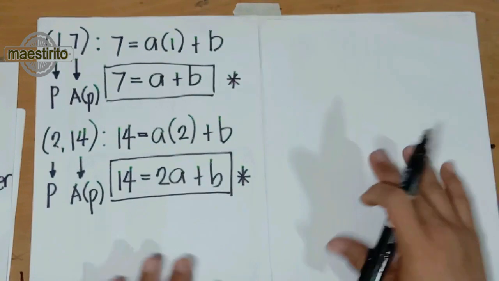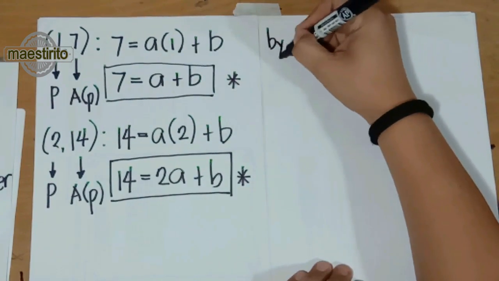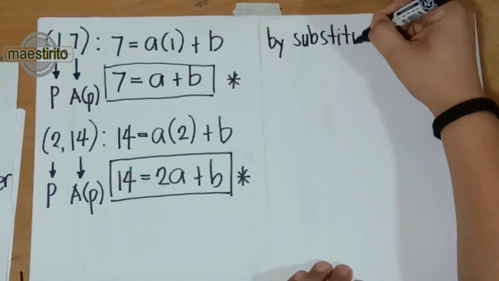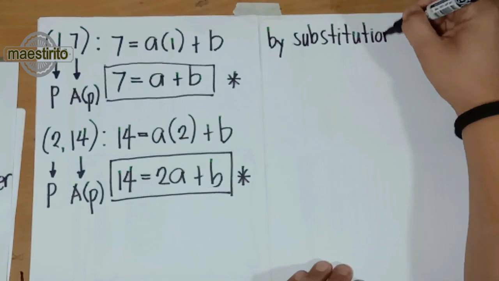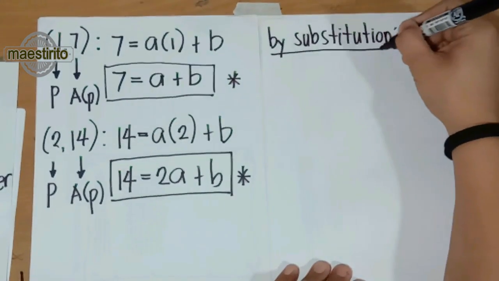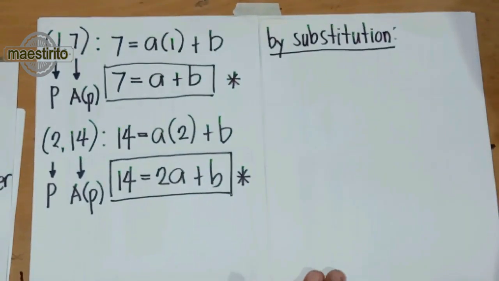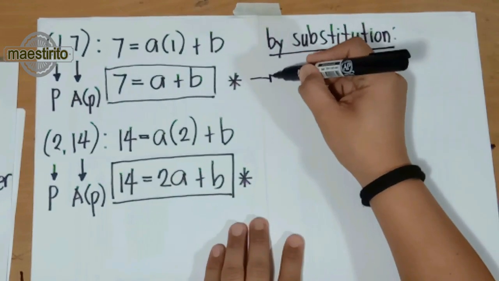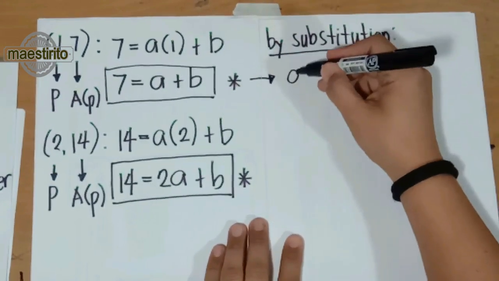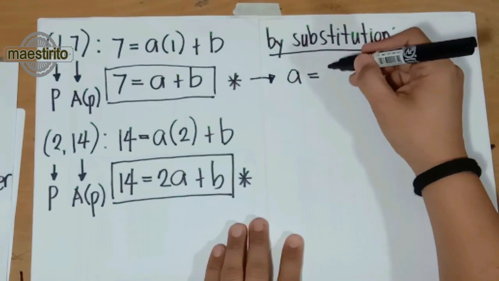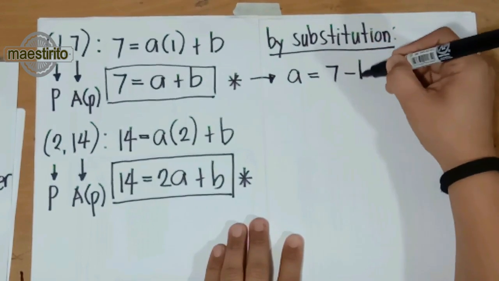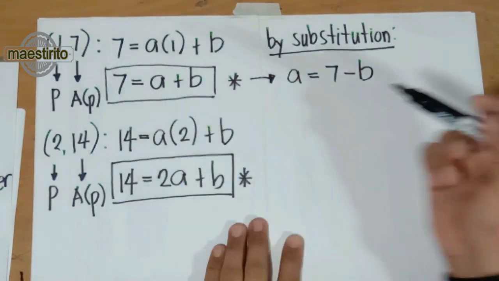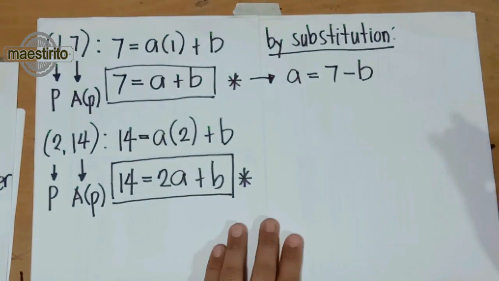Now let us have it by substitution. So from this equation, I can have my A to be 7 minus B. That is just by merely transposing, because that's what we have learned from high school.